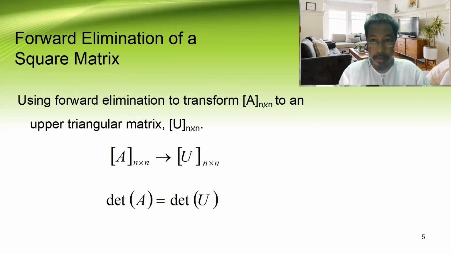Actually, we are just reviewing this because you already have these in your previous mathematics subject. Matrix operation: forward elimination for a square matrix. Using forward elimination to transform matrix A, which is n by n, to an upper triangular matrix U, which is n by n.